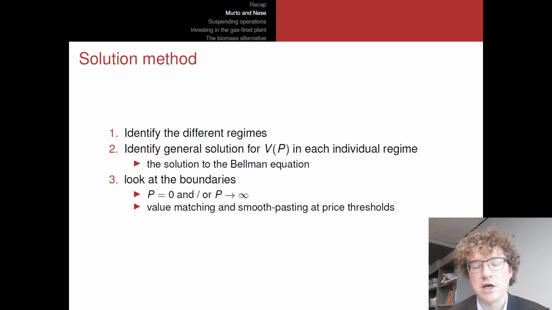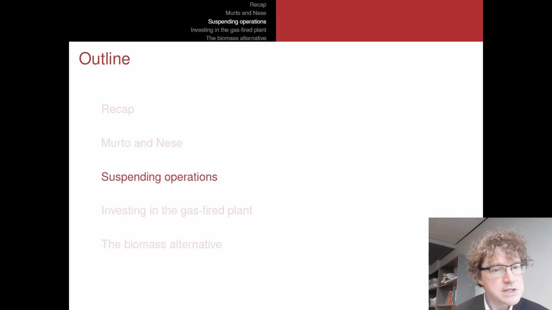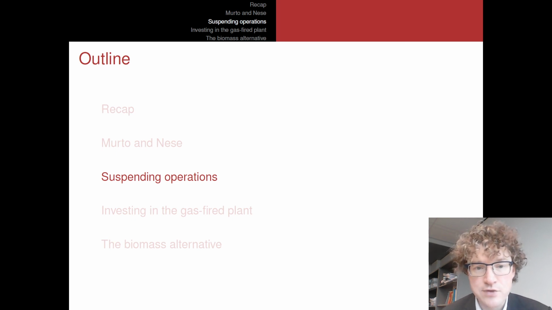Then we have to match up the different regimes at the boundaries. These boundaries might be at p equals 0, or in this case also at p equals infinity, as we'll see, or rather at the thresholds at which we cross to a different regime, where we have value matching and smooth pasting. So that's what we need to solve. With that as our program for today, let's get on with the next video and this first part.